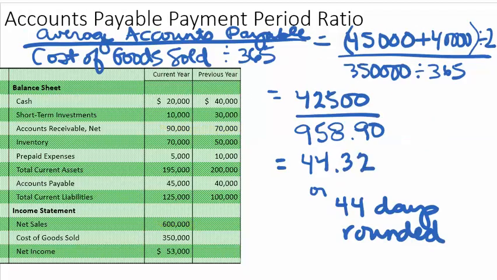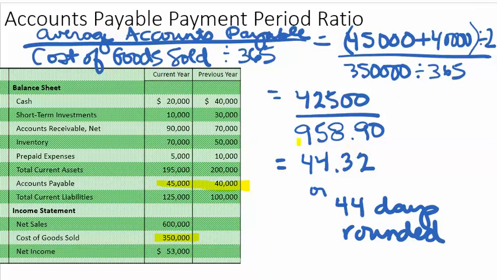And then we have to calculate the accounts payable payment period. And again, this one starts with average accounts payable, so we'll go down here and find that. That's 45,000 plus the 40,000 divided by 2 will give us that average. Take then the cost of goods sold divided by 365. That gets you 958.9.